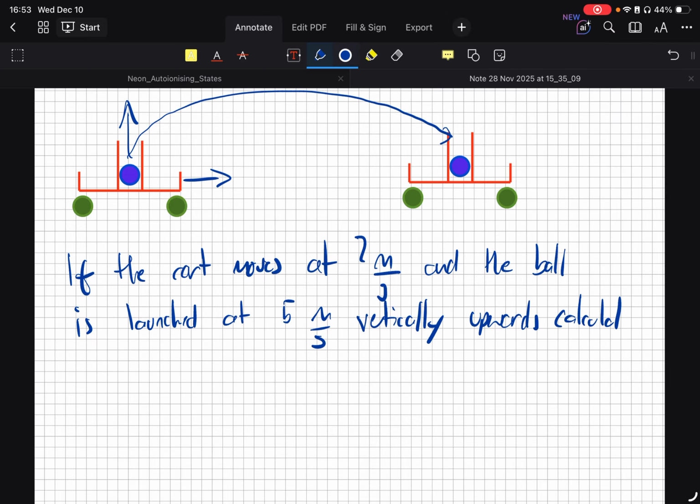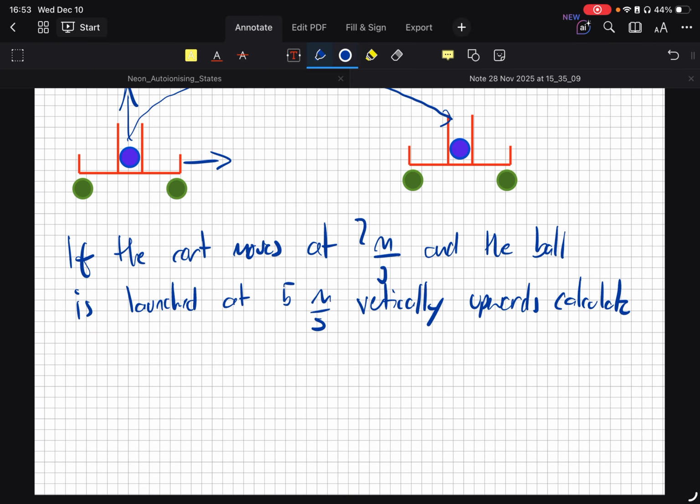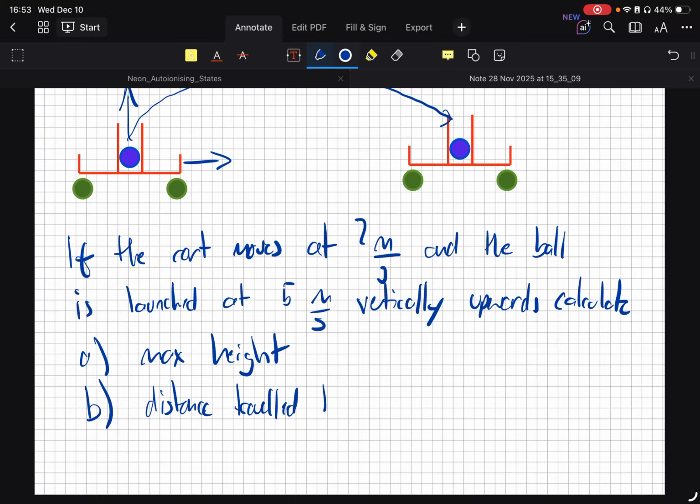Calculate the max height, first of all. So how high does the ball get before it begins to come down again? And then also the distance traveled by the cart while the ball is airborne.